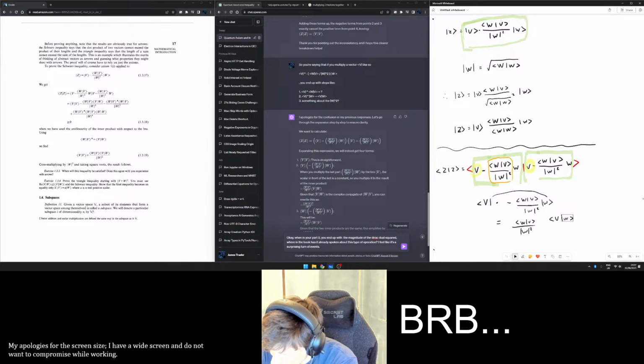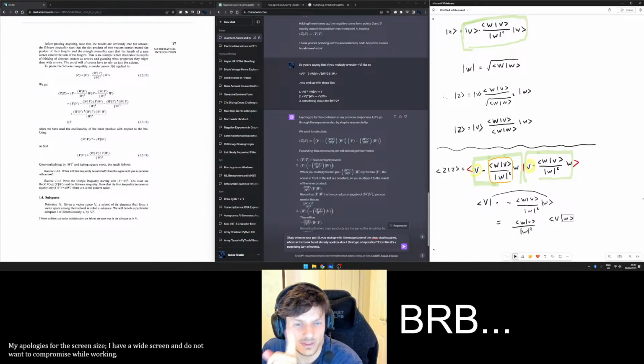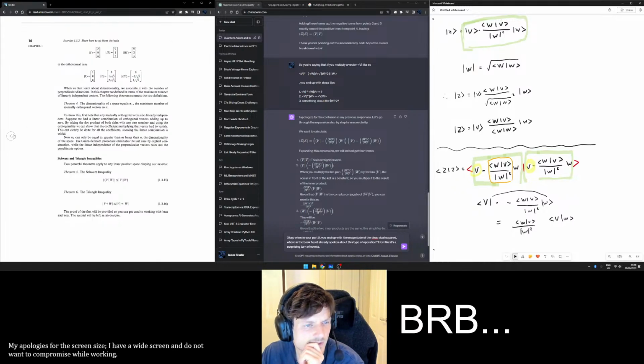And so now it's saying that because you've got these multiplied together, it says you end up with the magnitude squared because... let's go back again. I'm missing something very obvious here.